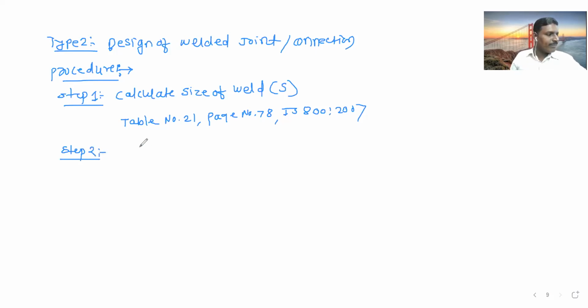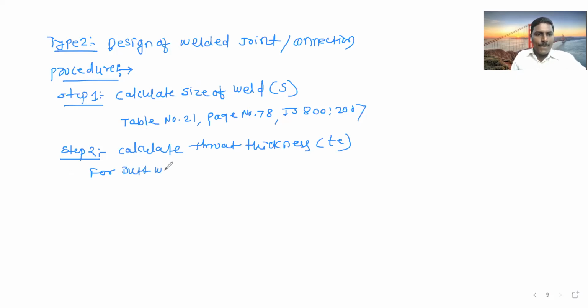Okay, so then step number 2, again calculate throat thickness, that is T. So throat thickness for butt weld, same again. How are we calculating throat thickness for butt weld? Throat thickness is equal to 5/8 into how much?